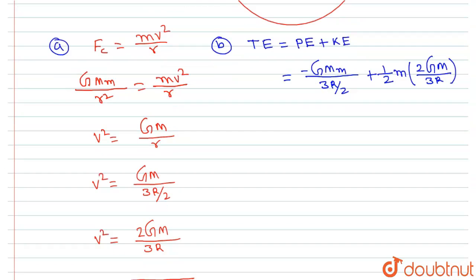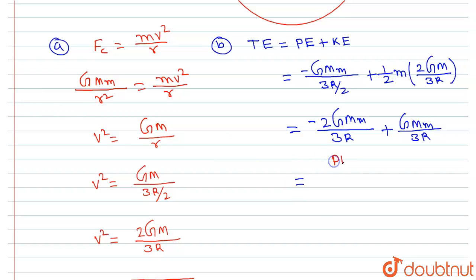Now we have to solve this, and this is equal to minus 2GMm divided by 3r, plus, from here the 2 and 2 cancel out, so GMm divided by 3r, clear?